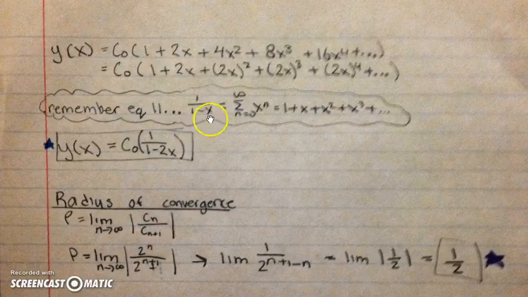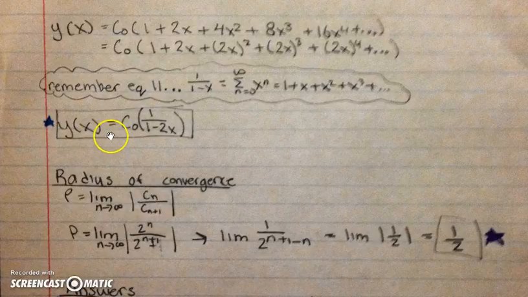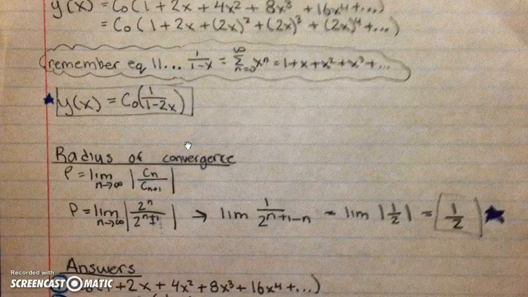So while the general equation is 1 over 1 minus x, ours is going to be 1 over 1 minus 2x, because that's our quote x value for this problem. And it's going to be times our C0 value. So our answer in terms of functions that we know from before would be y of x equals C0 times 1 over 1 minus 2x.